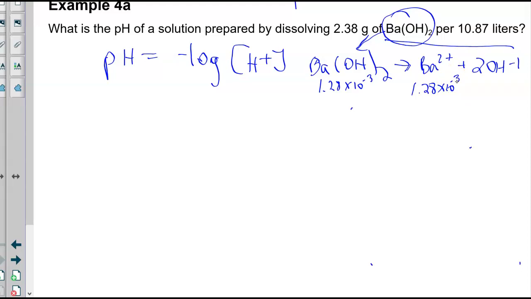So I have to take 1.28 times 10 to the negative third times 2, because it's a 1 to 2 ratio. So 1.28 times 10 to the negative third times 2 would make this 2.56 times 10 to the negative third.